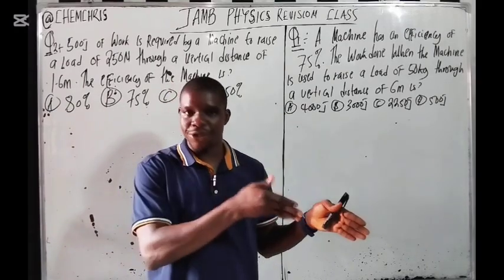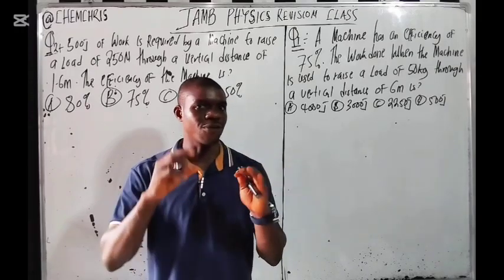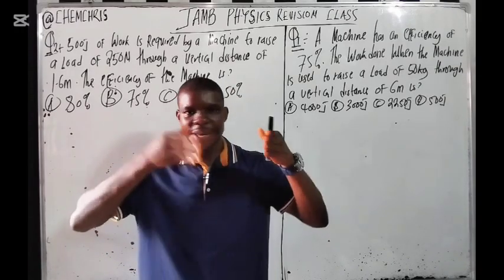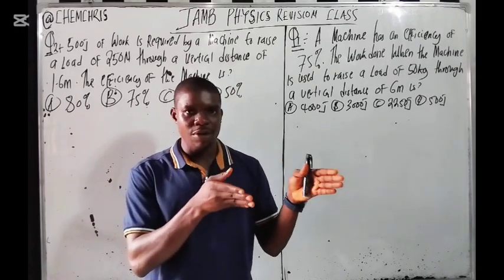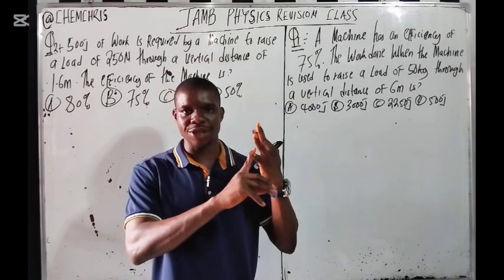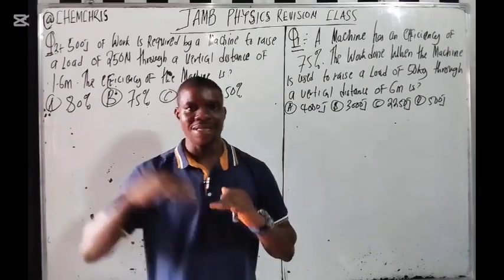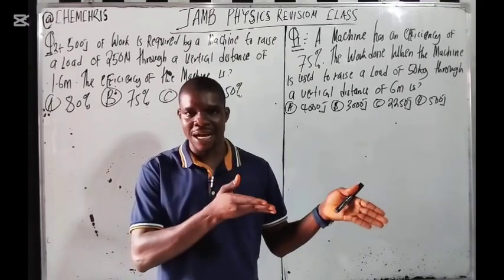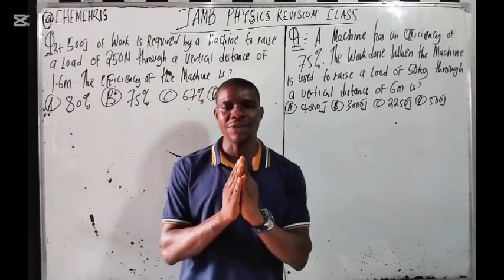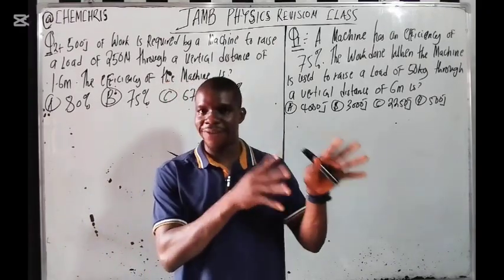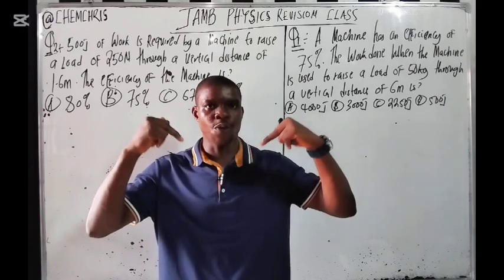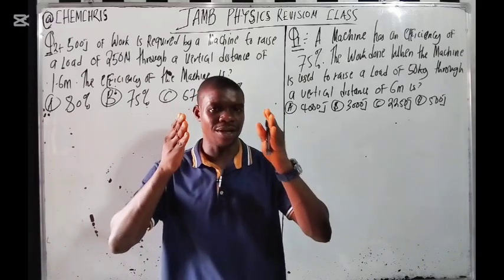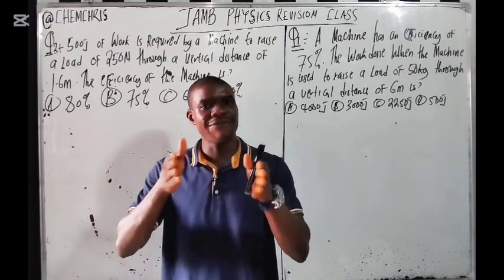This is the second video, and I want to focus on two important topics in the JAMB Physics syllabus: one is machine, two is temperature. The first video focused on electrical energy and linear momentum. If you have not watched the first video, the link will be in the description below so you can check it out after you finish watching this video.